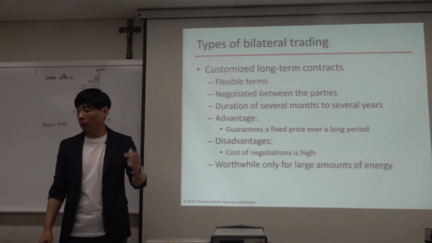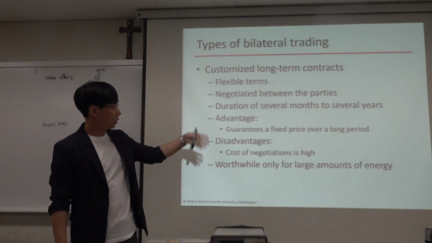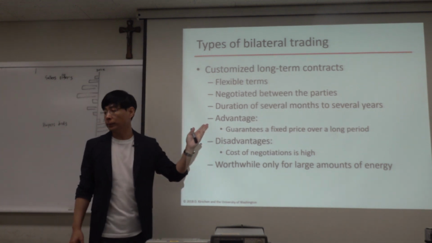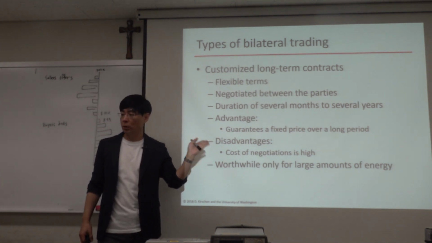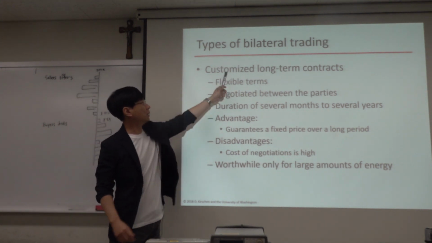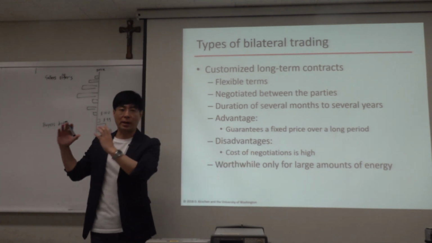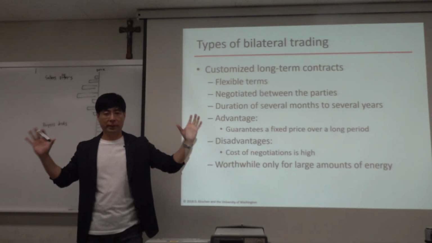So there are three types of bilateral trading. The first one is, so we are talking about the forward market. The first one is the customized long-term contract. Customized means that there is a seller, there is a buyer. Typically they are big players.